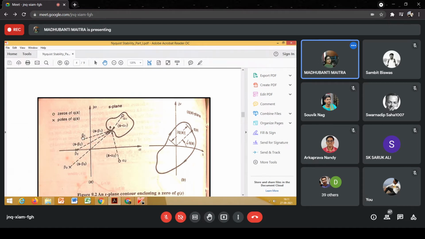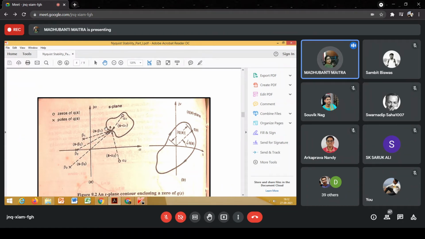Change in angle? Because you see, that was the starting point, right? When the point has been shifted to this point, the phasor length has changed, as well as the phase angle contribution of this phasor. I'm talking about this particular phasor. Already we have discussed that we are not interested in the length of the phasor. We are only interested in the angles.